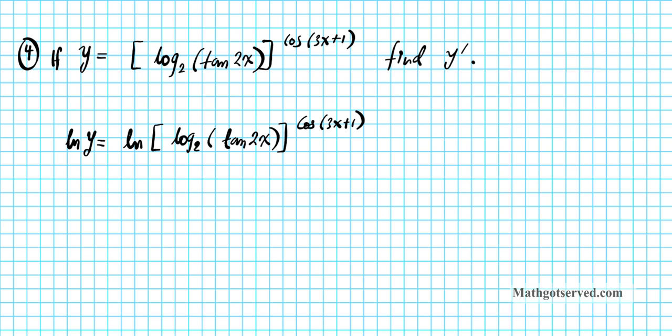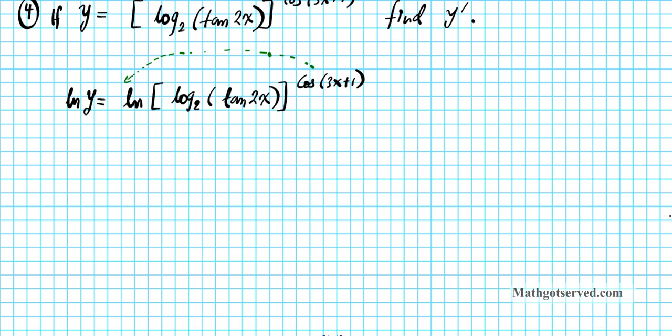All right, so using the properties of logarithms, we know that we can power down this exponent. So we are going to have the natural logarithm of y equals cosine 3x plus 1 times the natural logarithm of log base 2 of tan 2x. Okay, now, as you can clearly see on the right side, when we're differentiating, we have to use the product rule.